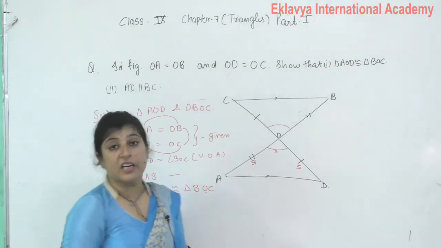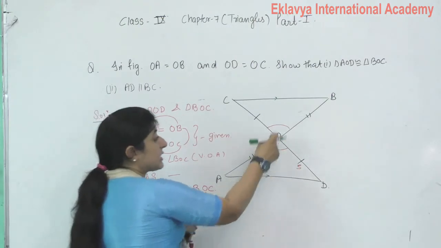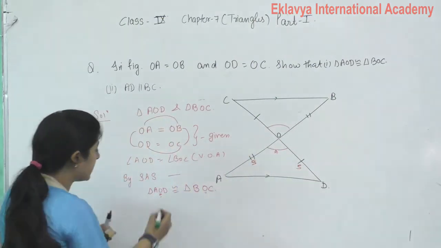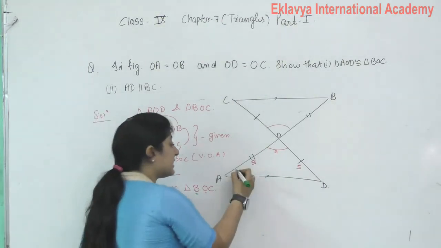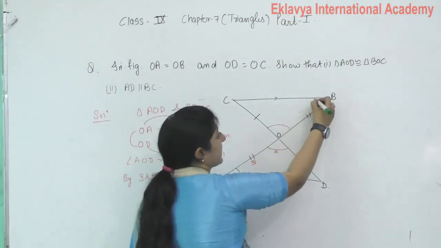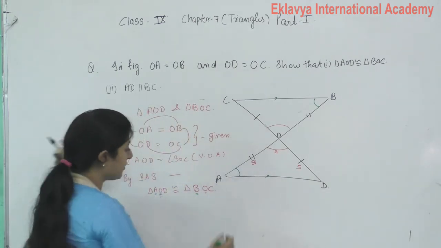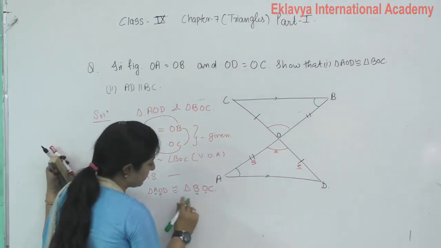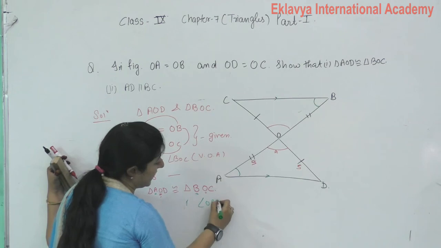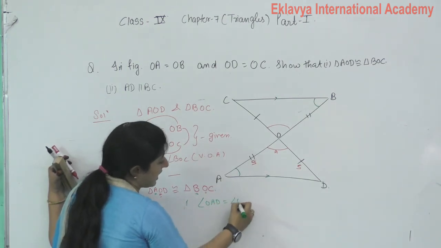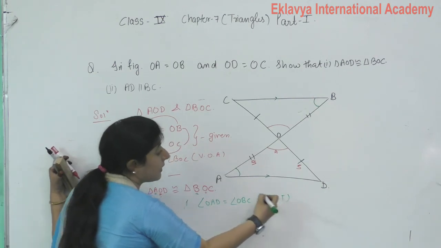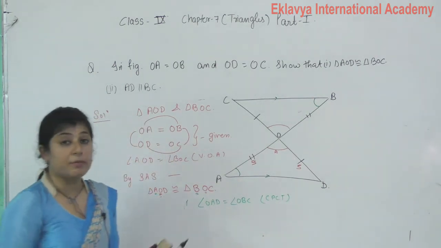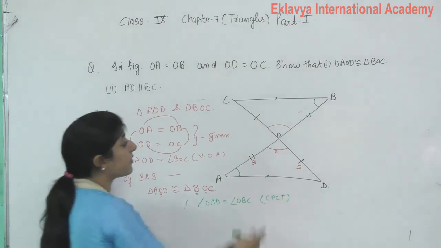Now try to see here what we can do. These two triangles are congruent. It means with angle A we can see angle B is equal. So by CPCT we can say these angles are equal. So by CPCT, angle OAD is equal to angle OBC. But which type of angle are these?